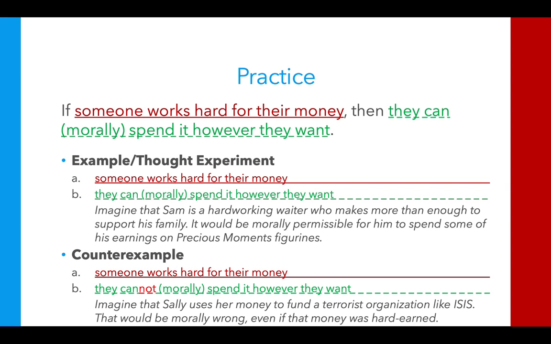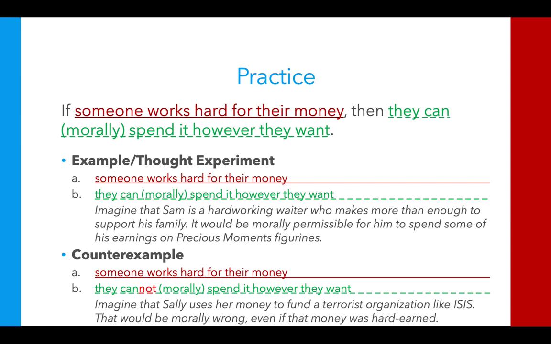Hopefully that's helpful. What are the similarities between them? Just notice I've started all these with the word imagine. I think that helps us get in the right frame of mind. We're imagining some scenario, and you need to describe it in enough detail where it's clear to me that the antecedent's true in both of these cases.